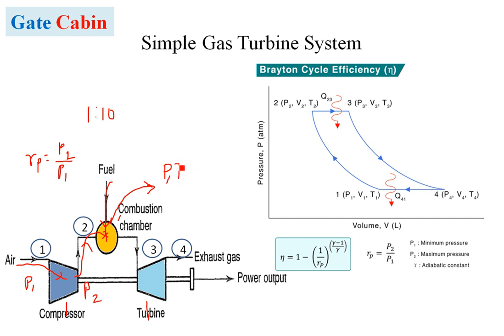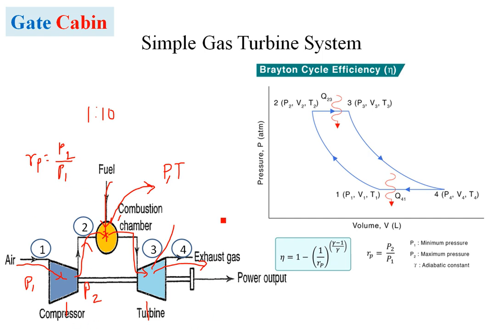The high pressure, high temperature gas then enters the turbine to produce useful mechanical work, and the remaining air is exhausted as a high speed jet, using Newton's third law of motion.